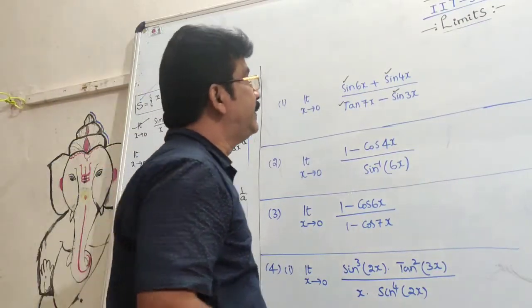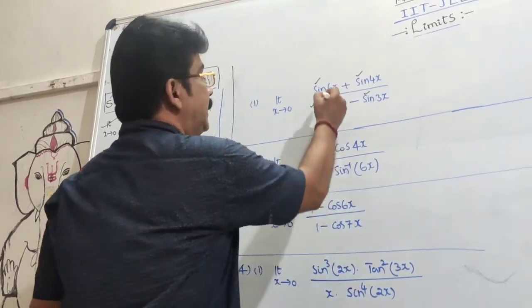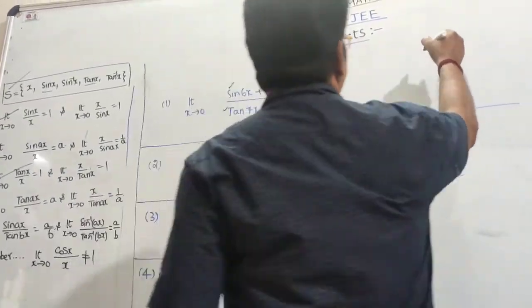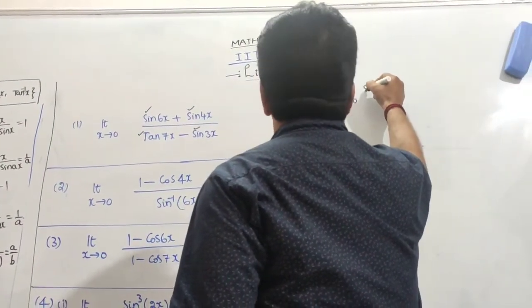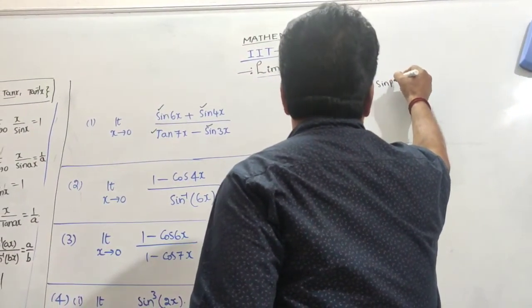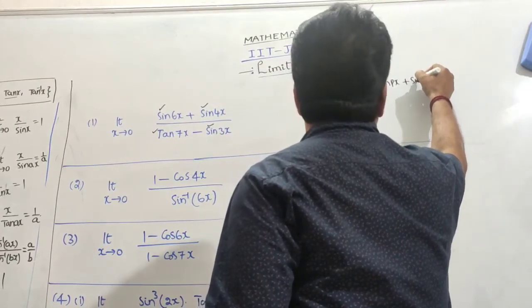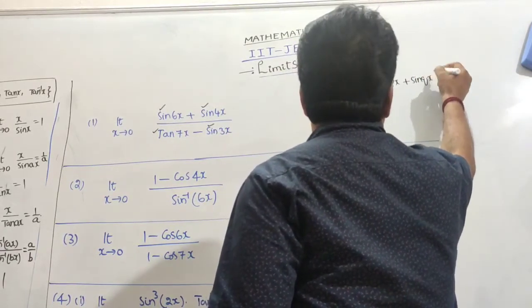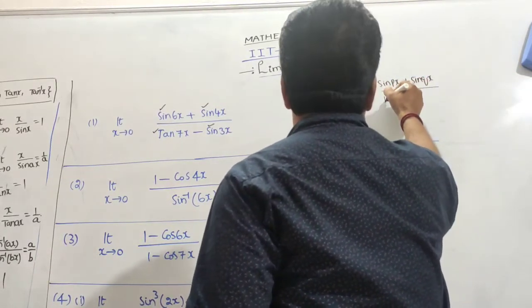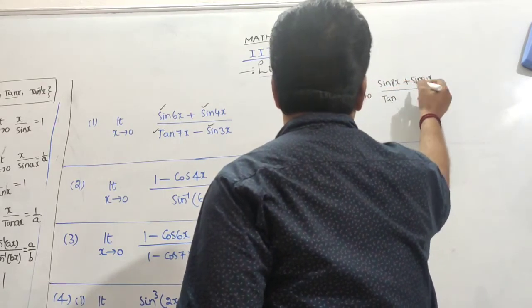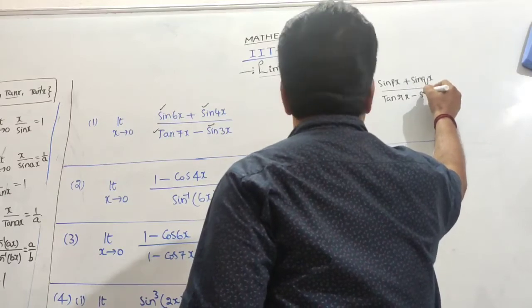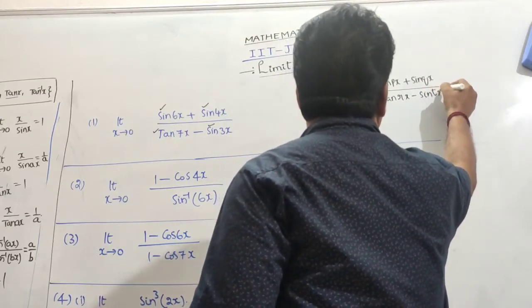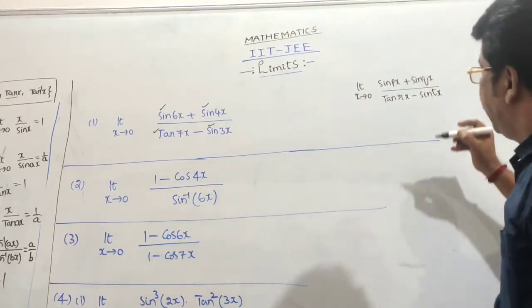So the shortcut is, it is in the form of limit x tends to 0, sin px plus sin qx divided by tan rx minus sin sx.